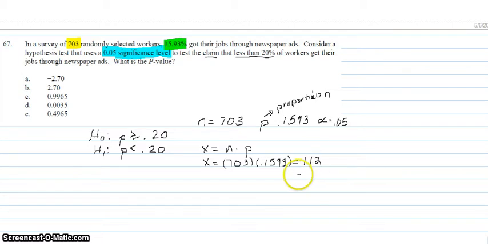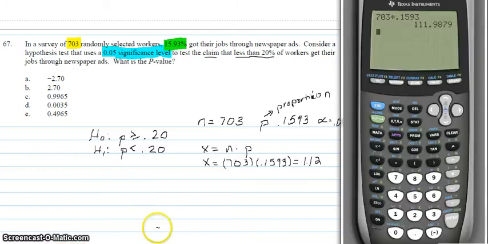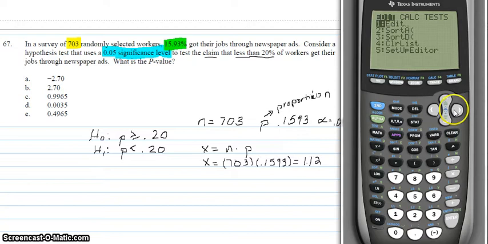Okay, now as I said, we're going to use the calculator to solve this. We're going to use the one-prop z-test. So we will begin by doing that. Let's clear this out. Remember, it's stat, tests. Arrow down to number 5, one-prop z-test. Enter. Our p0 equals 0.2.